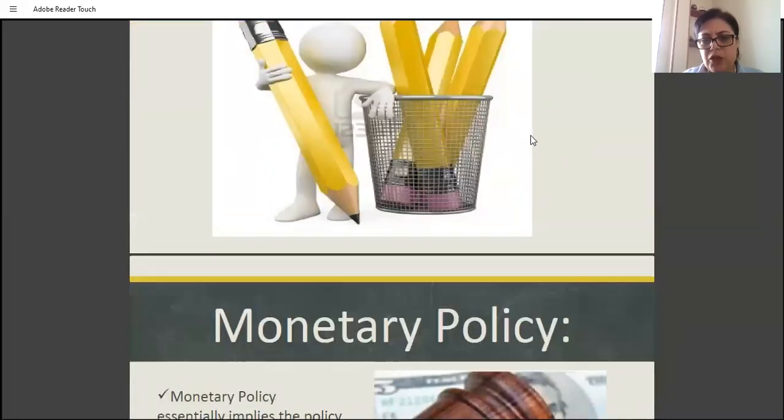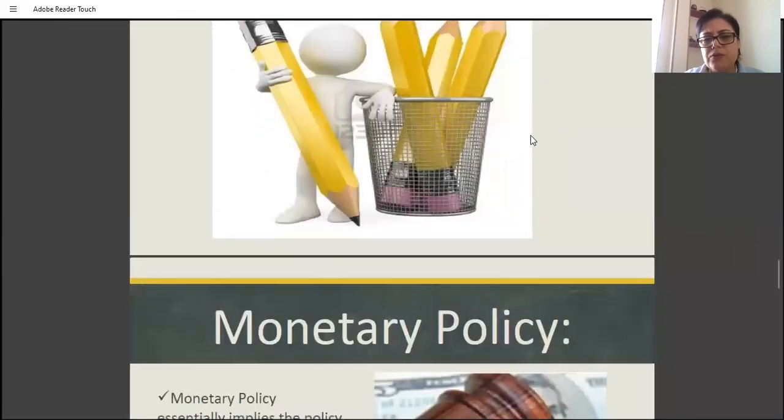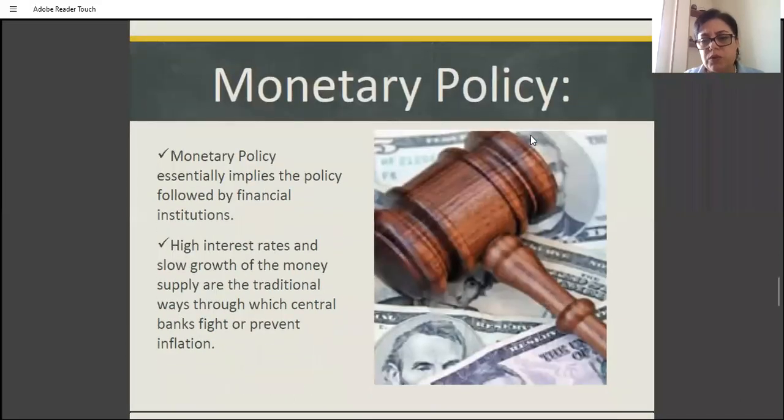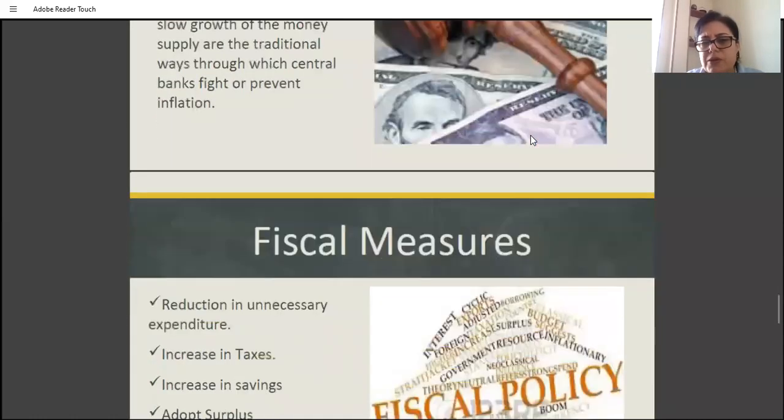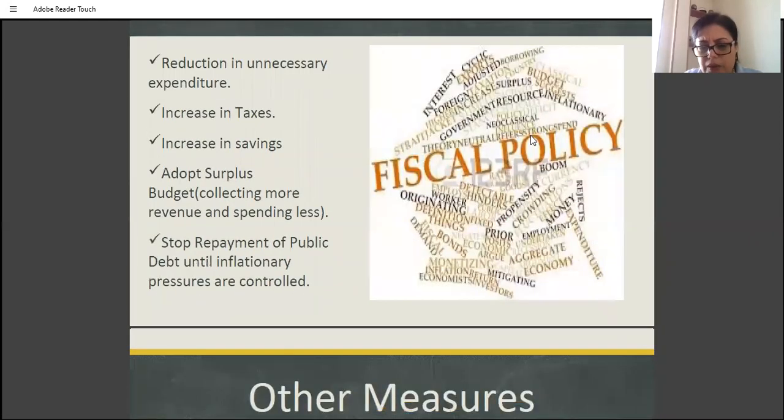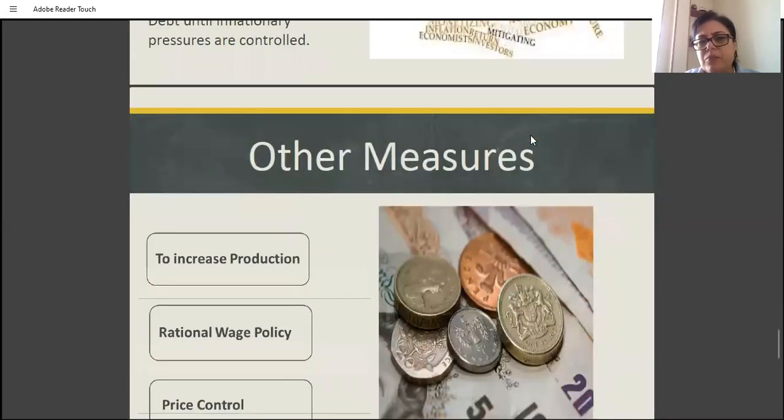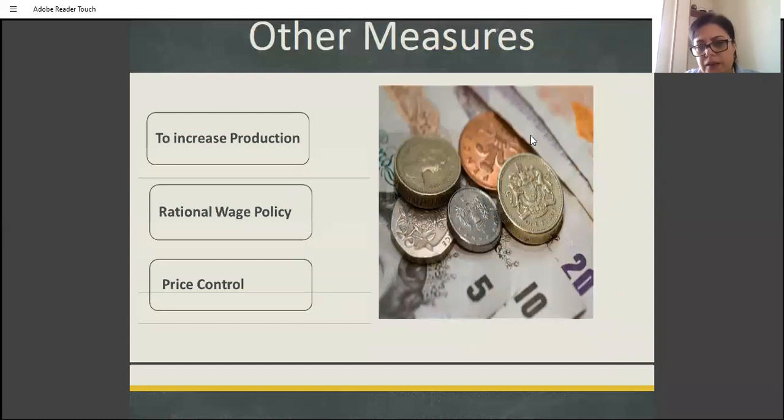Then the control: how can we control the situation? The two major tools in the hands of the government are monetary policy and fiscal measures. But the more realistic approach to avoid inflation is increased production, rational wage policy, and price control.